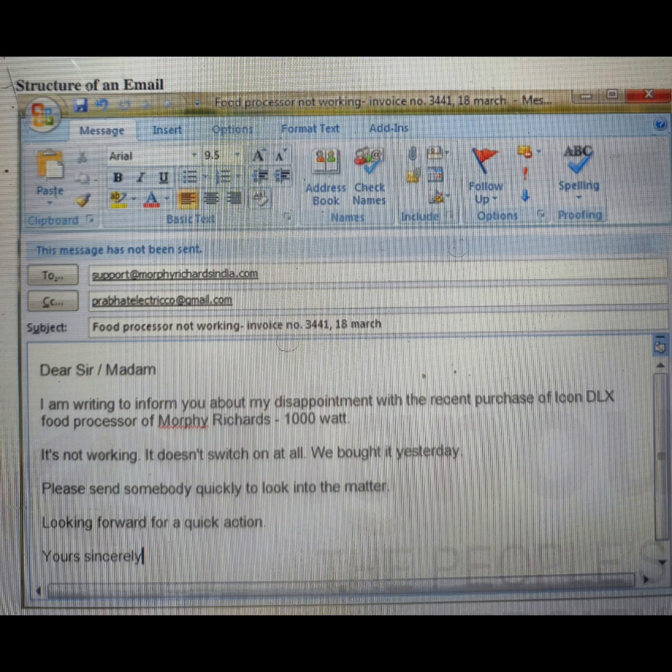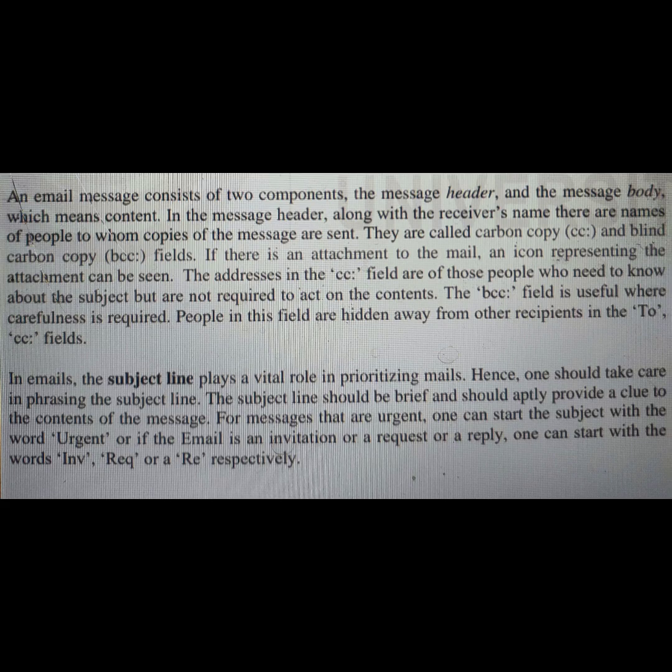Dear Sir, Madam, I am writing to inform you about my disappointment with the recent purchase of Icon DLX food processor of Murphy Richards 1000 watt. It's not working. It doesn't switch on at all. We bought it yesterday. Please send somebody quickly to look into the matter. Looking forward for a quick action. Yours sincerely. An email message consists of two components, the message header and the message body, which means content.